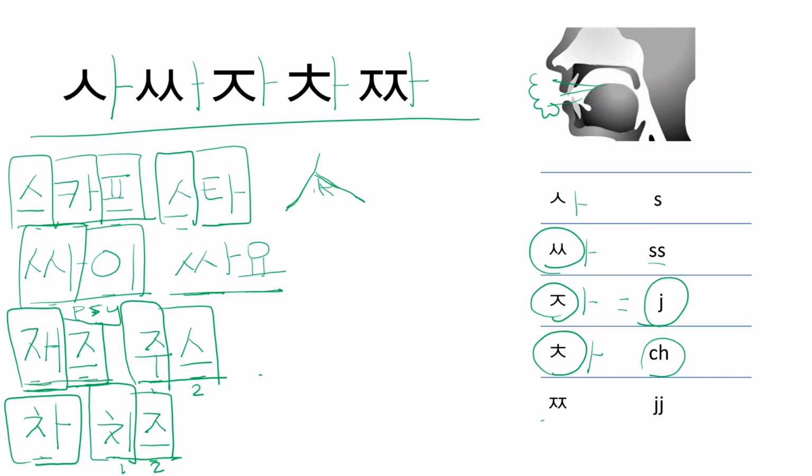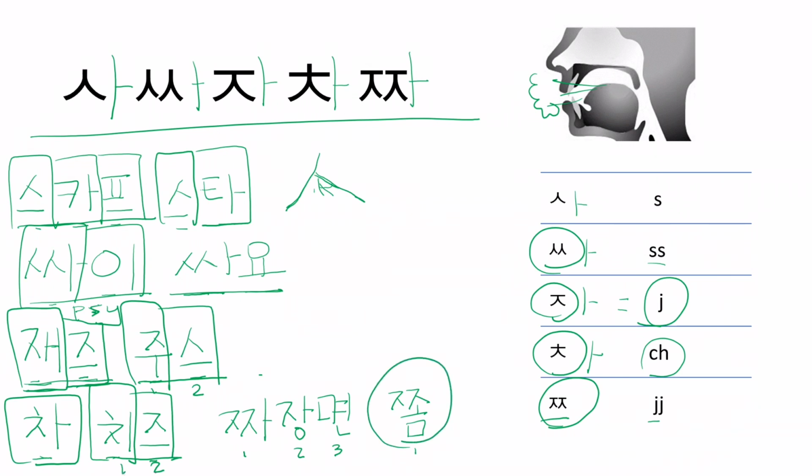Now let's go to the double consonant, the strong sound. 짜, 장, 면. 짜장면. 좀.